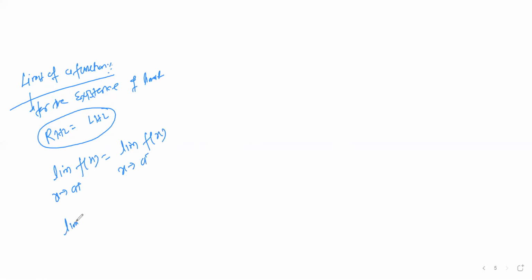Further I can reduce this: limit h tends to 0, f of a plus h. If you put x tends to a plus, it becomes a plus h, and if you put a minus, it becomes a minus h. This is the left hand limit.